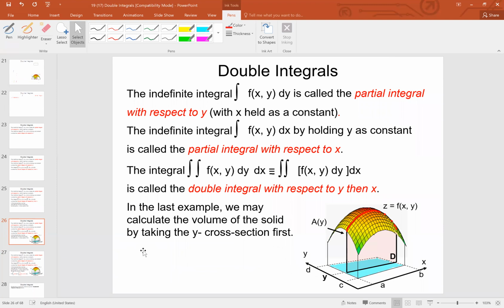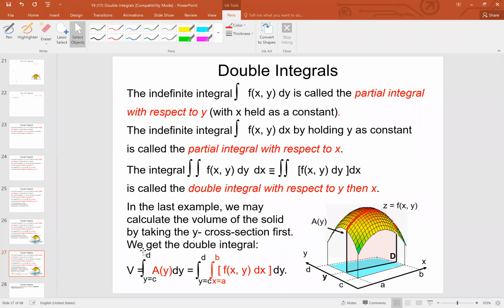In these manners, the double integral will be written in these fashions, because this is the area of that. So I get these two iterated forms, depending on which way you view the cross-sectional area.